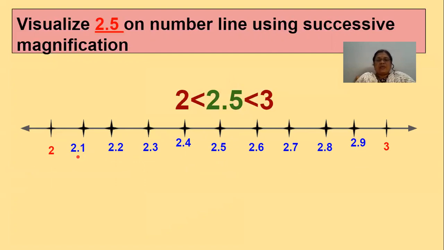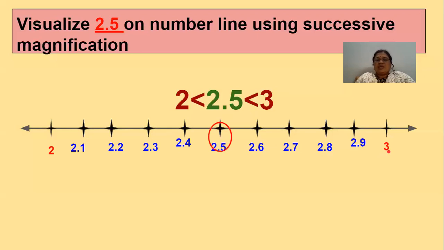See here. The 10 equidistant points, I have named them as 2.1, 2.2, 2.3, 2.4, 2.5, 2.6, 2.7, 2.8, 2.9. And when we add 1 to this 2.9, it will become 3. So between 2 and 3, there are 10 equidistant points.